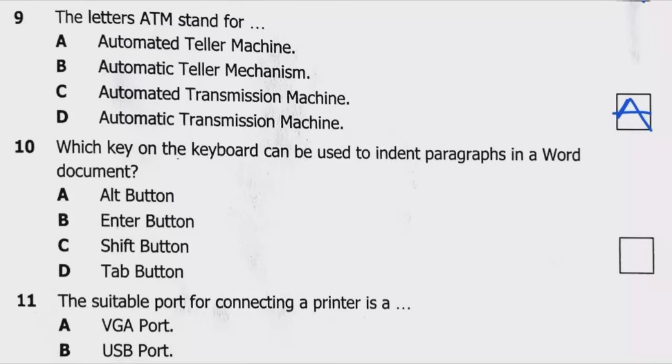When we look at C, automated transmission machine, this refers more to mechanical or automotive systems, not banking. Transmission is about sending signals or power, not handling money, so it is unrelated to financial services. D, automatic transmission machine, is also incorrect because it is from the automobile world, so it's not correct.